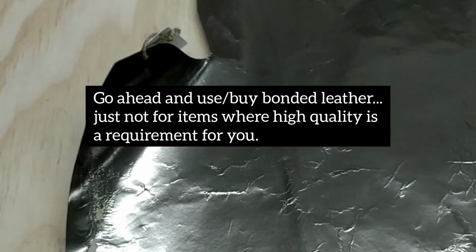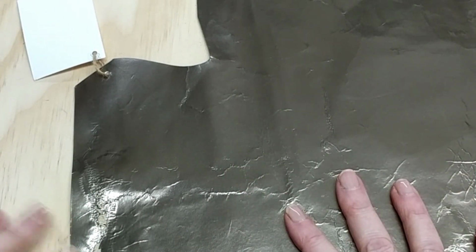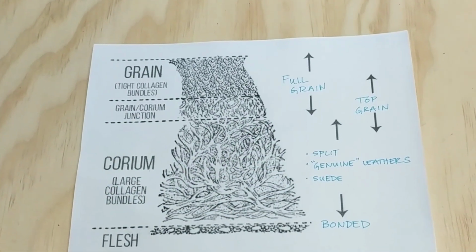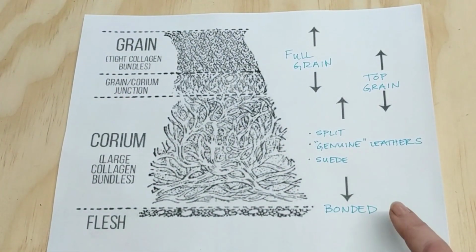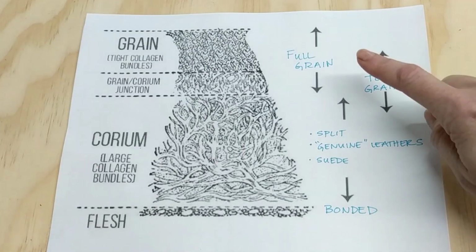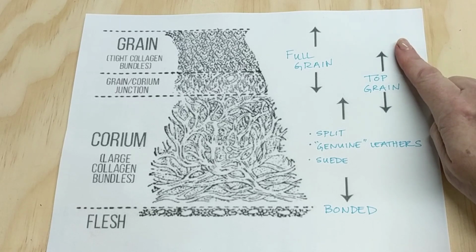So you just need to understand, it's not that this is horrible to use, it's just important for us to understand when we're comparing leather what it is we're actually looking at, okay? So you might not necessarily want to use bonded leather if your goal is to create a high quality item that you're going to want to carry and have for a long, long time, right?